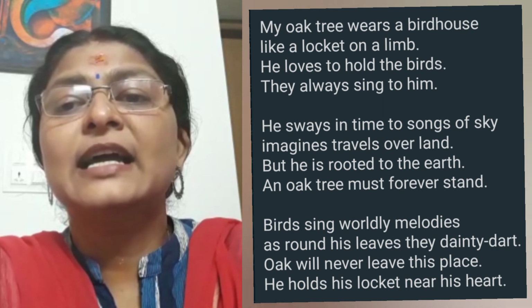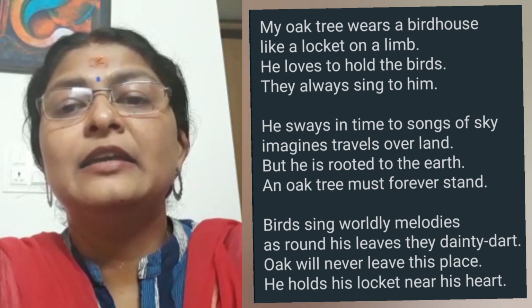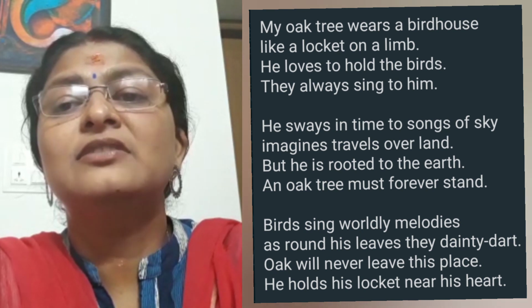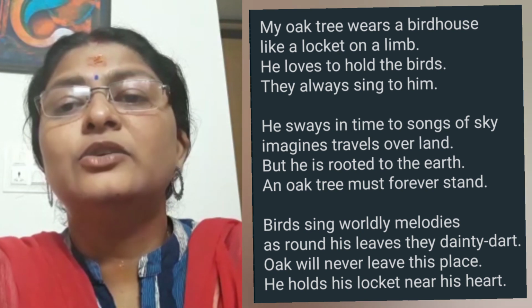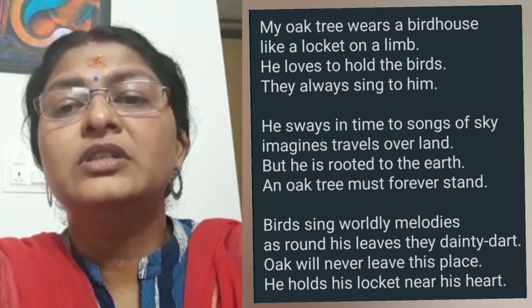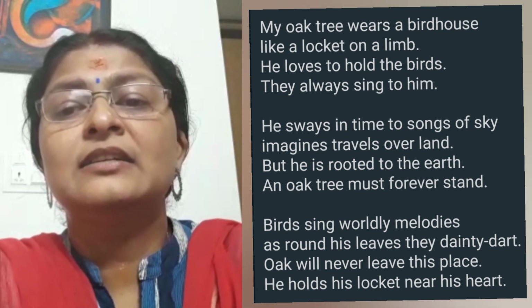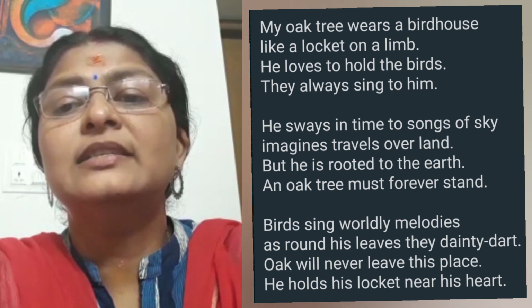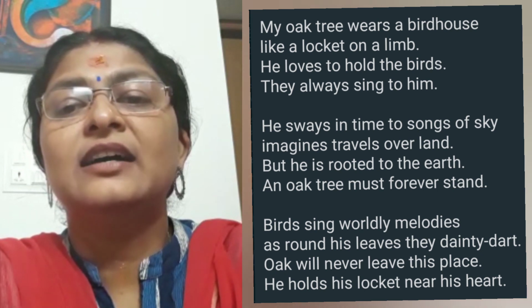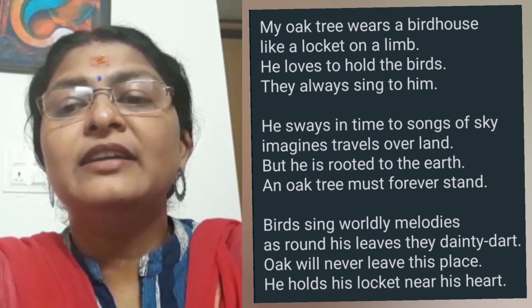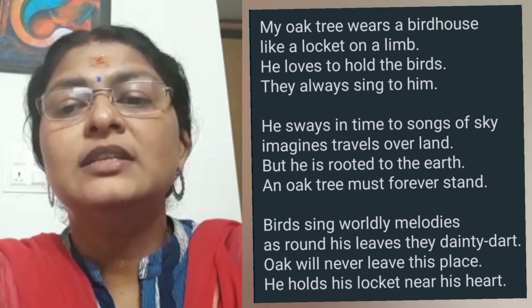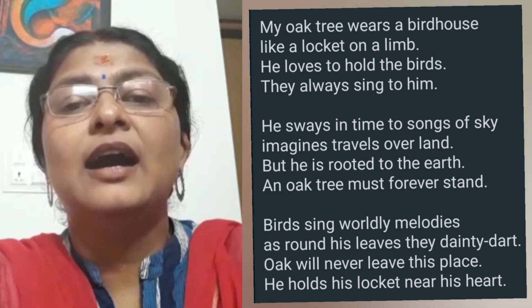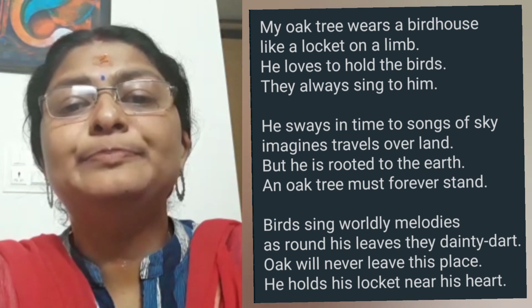He sways in time to songs of sky, imagines travels over land, but he is rooted to the earth, an oak tree must forever stand. Birds sing worldly melodies, as round his leaves they dainty dart. Oak will never leave this place, he holds his locket near his heart. So this is the poem.